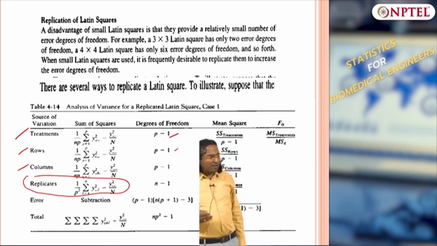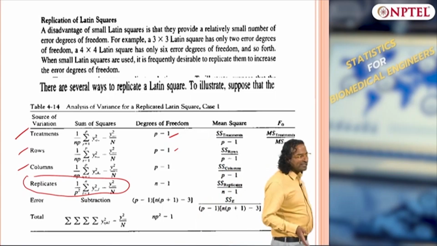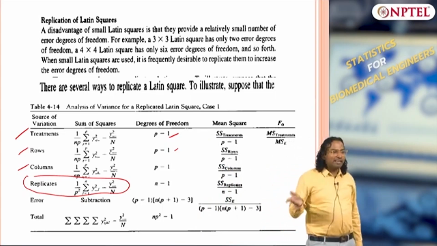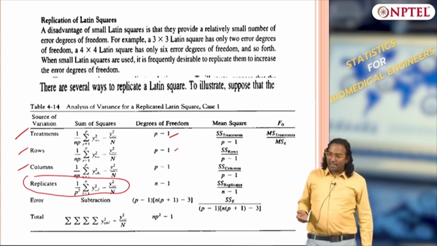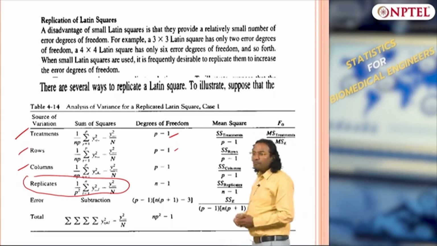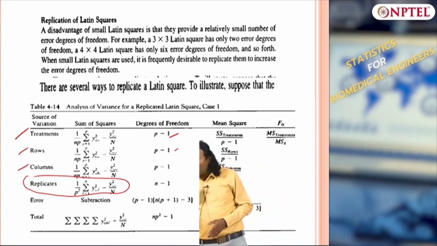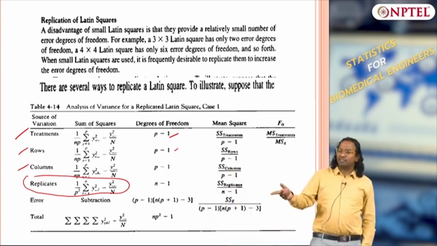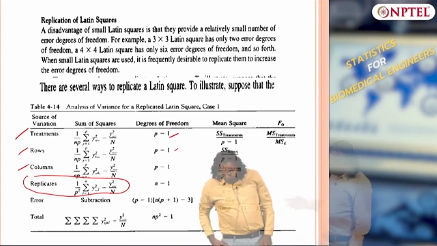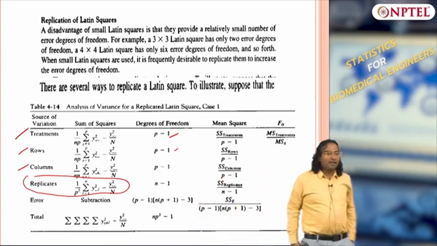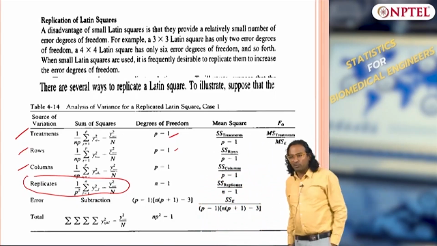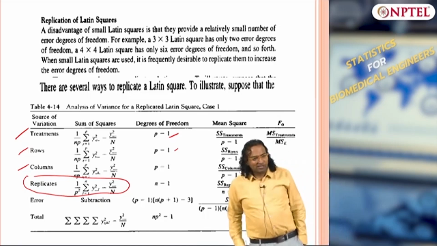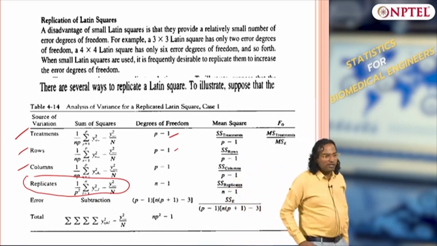But ideally what you want to be higher is the degrees of freedom for error, because we are taking a ratio and the degrees of freedom of error makes a big impact. So you want to increase the degrees of freedom of error, sum squared error or mean squared error, and that can be increased by replications. So when you replicate, everything remains the same, it is going to be p minus 1, p minus 1, p minus 1, right, because it is the Latin square design, so it is p, okay.